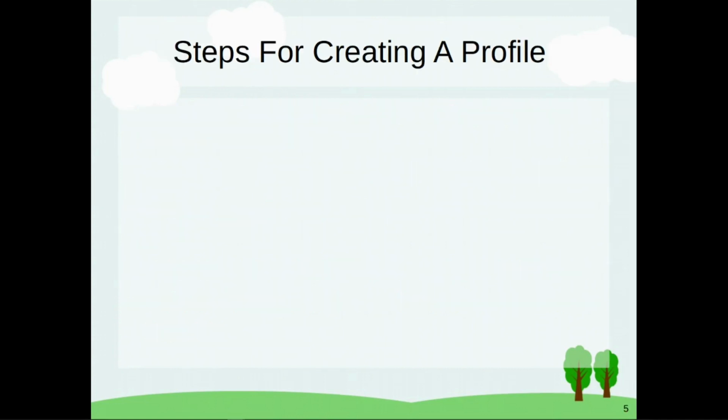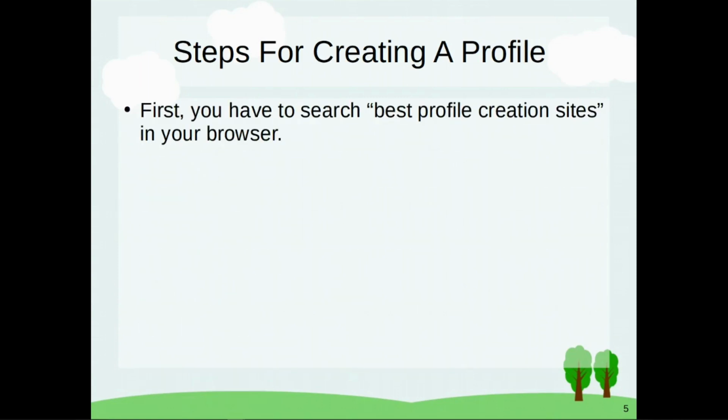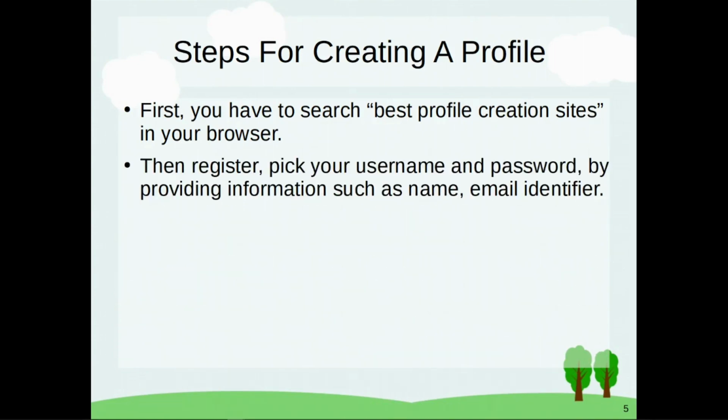Next we will see, theoretically, the steps for creating a profile online. First of all, go to your search engine and search for best profile creation sites, or else you can also type best profile creation sites with high DA, domain authority, and PA, page authority.